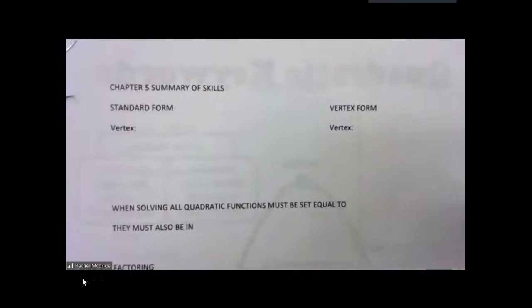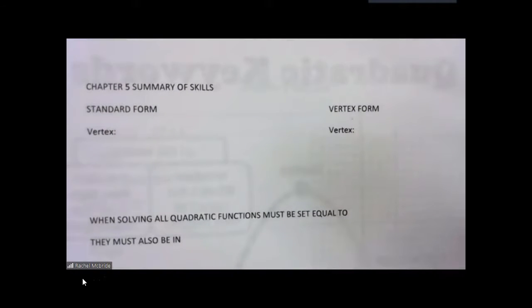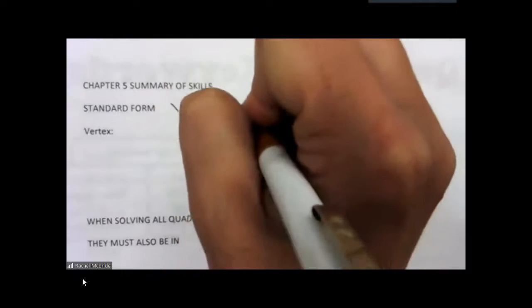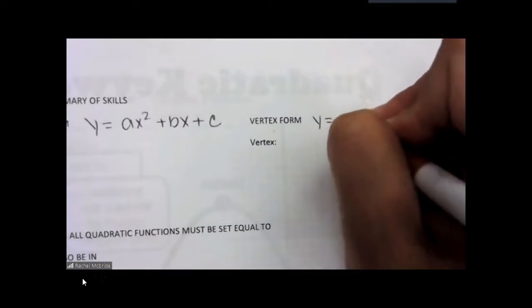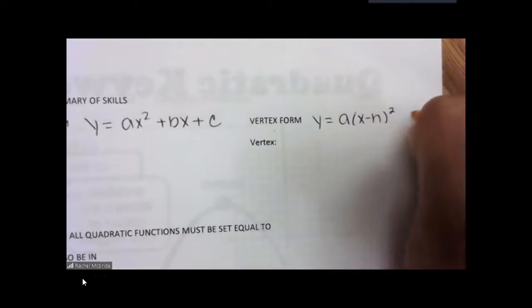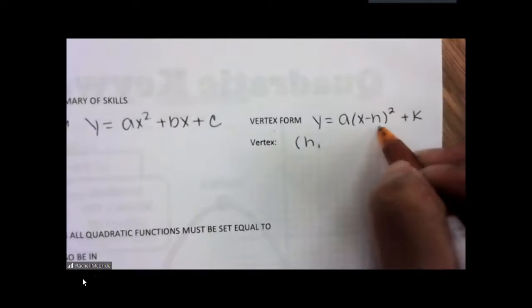Okay, so a summary of Chapter 5 and quadratics. This handout's going to be one of your best friends to study for Monday and Tuesday. Standard form is y equals ax squared plus bx plus c. Vertex form is y equals a(x minus h) squared plus k. In vertex form, the vertex is the opposite of h inside, comma k.